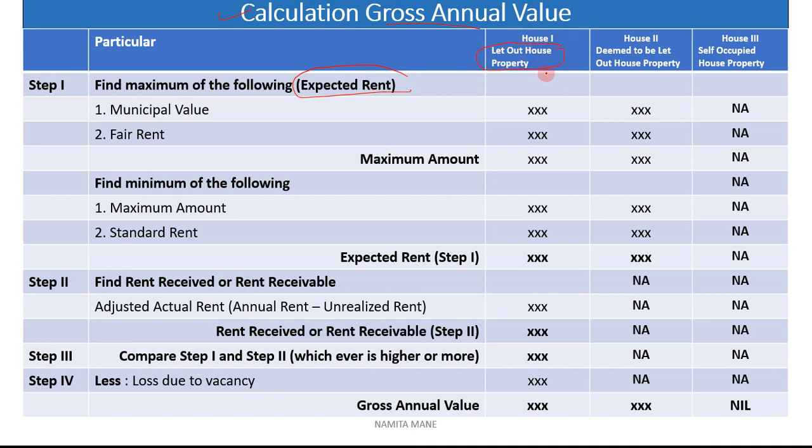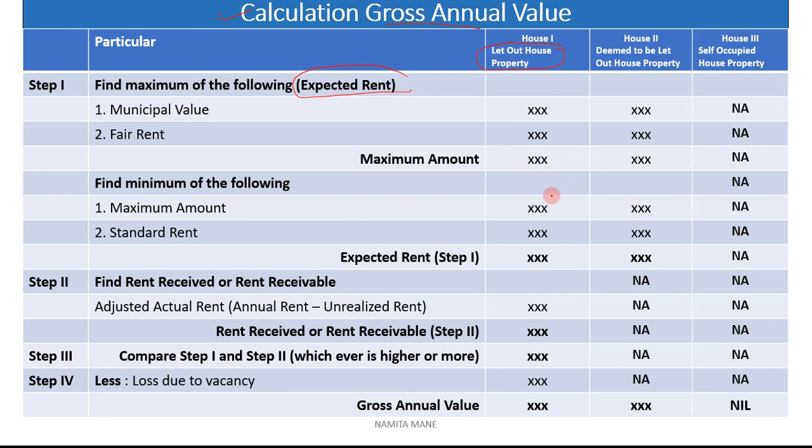If the question is about let out house property, take the value of municipal value and fair rent. Then identify from these two whichever is maximum or higher, and take that amount. This is your first step.